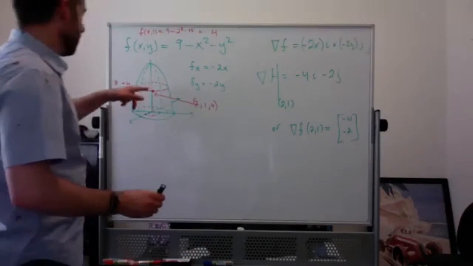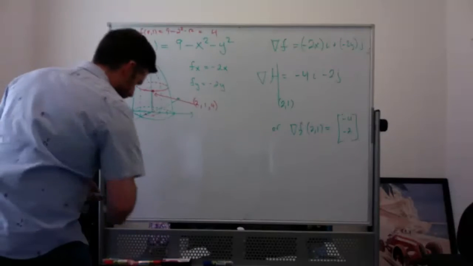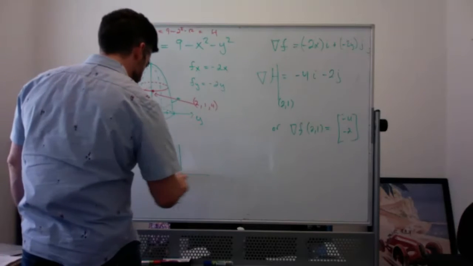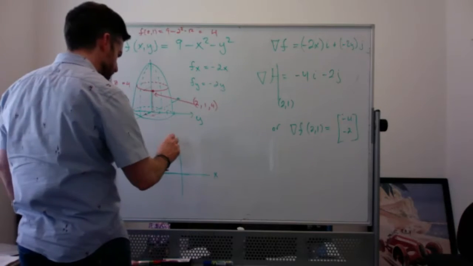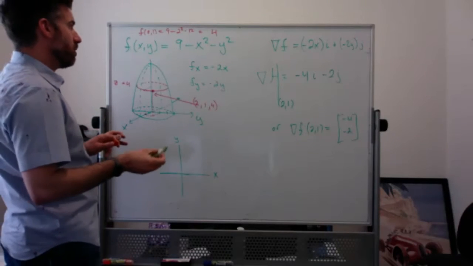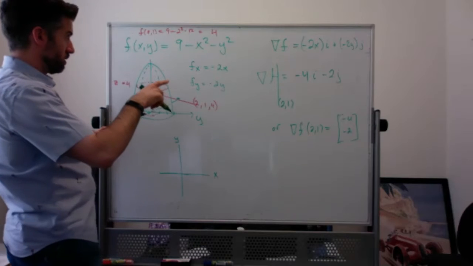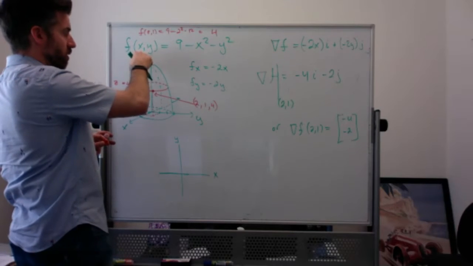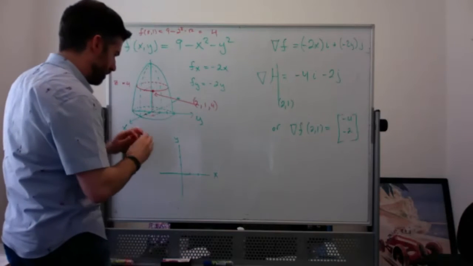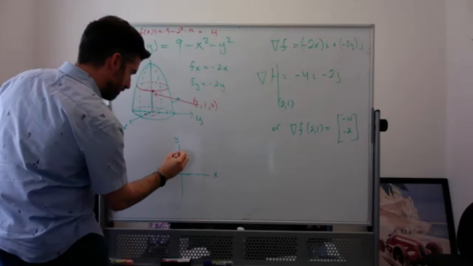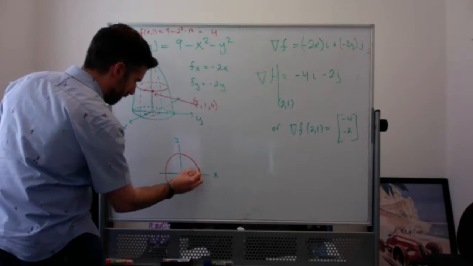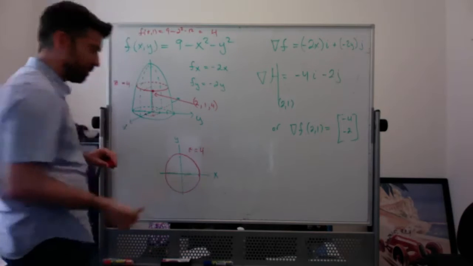Now, if you think about it, I'm going to draw this circle on the XY plane, meaning here's X, here's Y. So there's the circle where z is equal to 4.